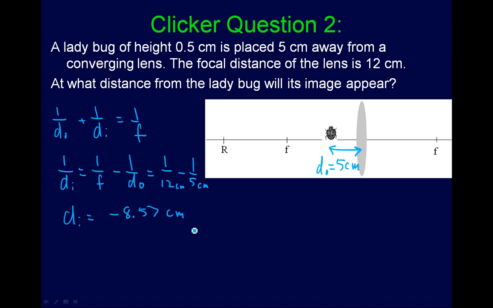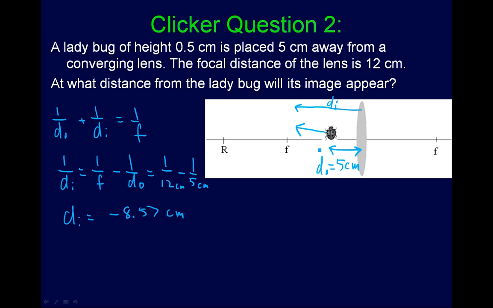That's the distance to the image, and what that means for a lens is that the image is going to be backwards, or in front of the lens. So this is going to be a virtual image. We know that right away. And so this is our DI. The question asked, at what distance from the ladybug will its image appear? Basically it should be back this way, so it'll be the difference between the DI and the 5 centimeters.